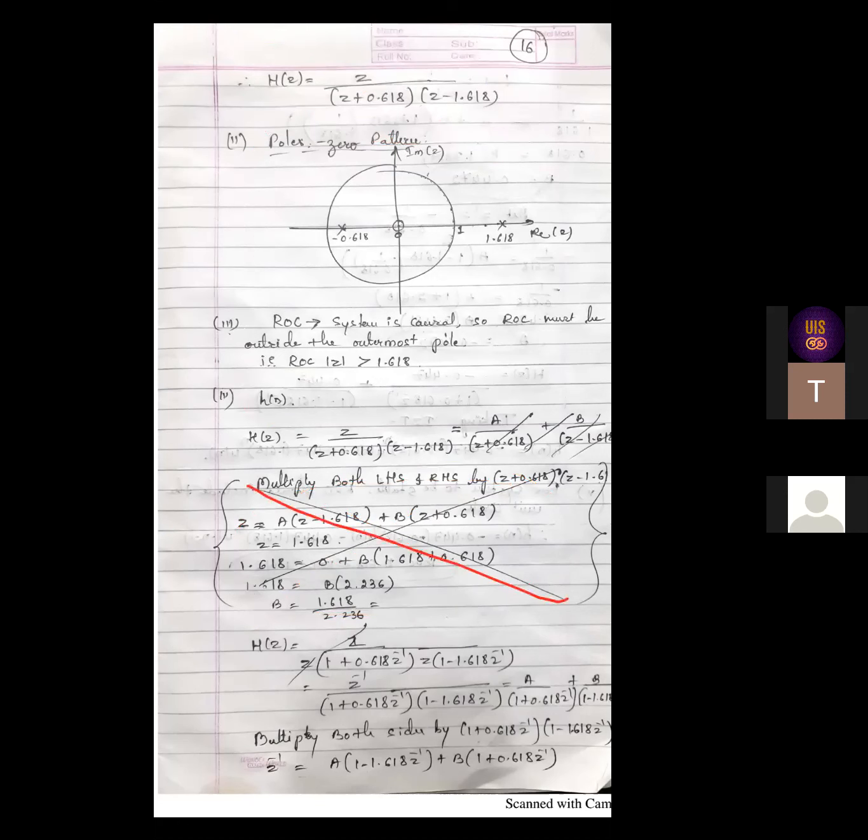So remember, whenever you are finding inverse z transforms, try to keep your equation's numerator and denominator in terms of z inverse forms, negative powers. But when you are calculating the poles and zeros, try to put the equations in positive powers. That's why I have scratch marked it.